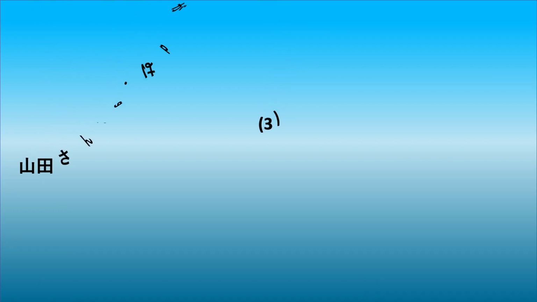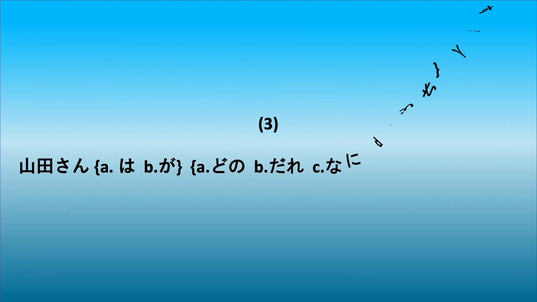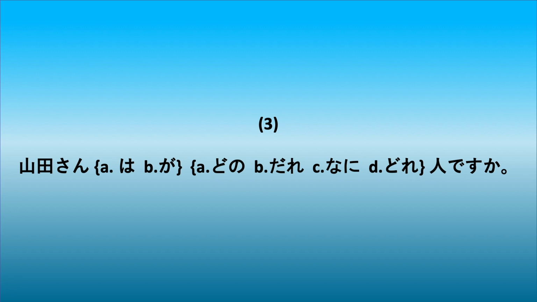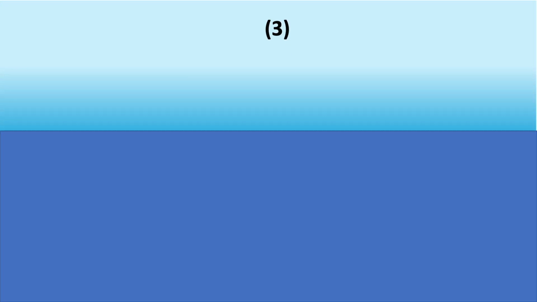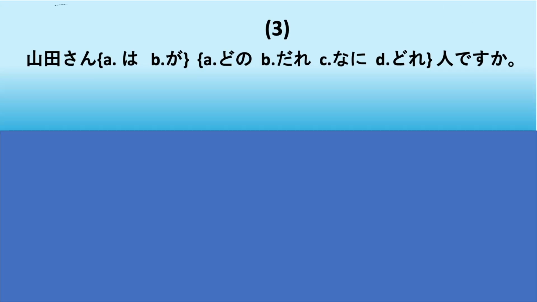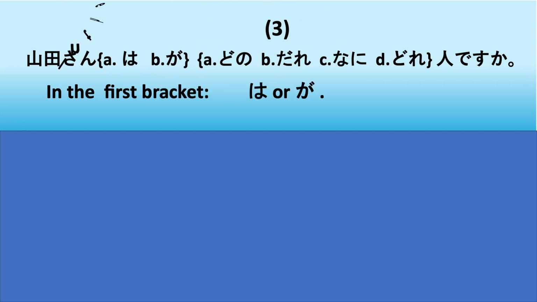Let's check the third question. 山田さんは、が、どの、誰、何、どれ、人ですか? Look at the first bracket. You have to choose one of them, は or が, right?